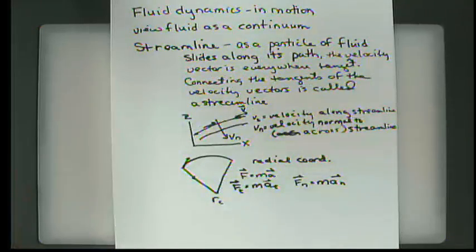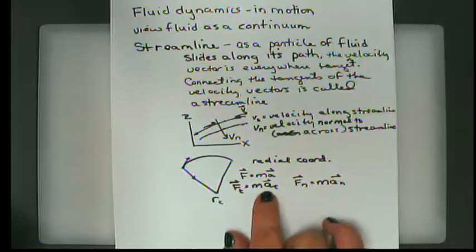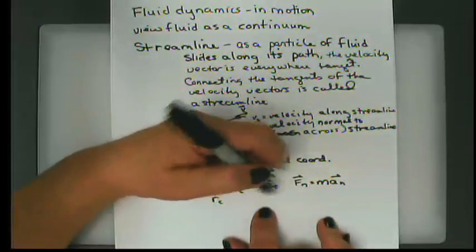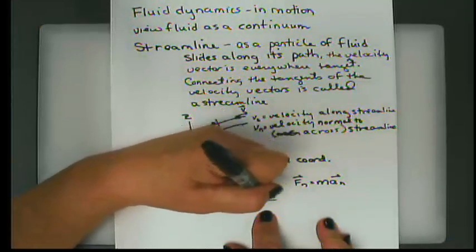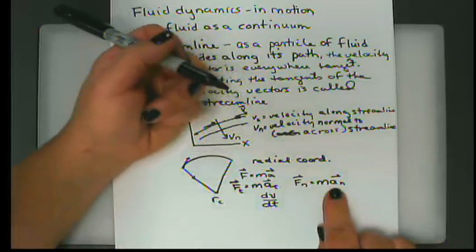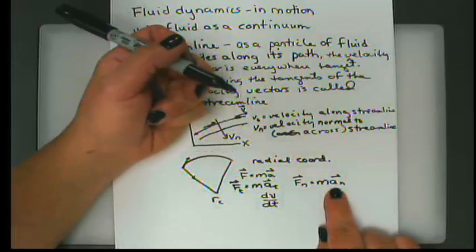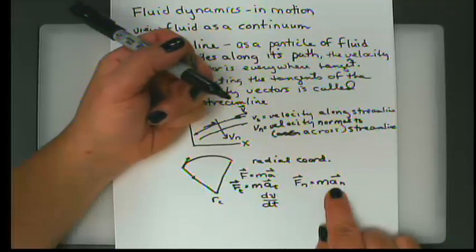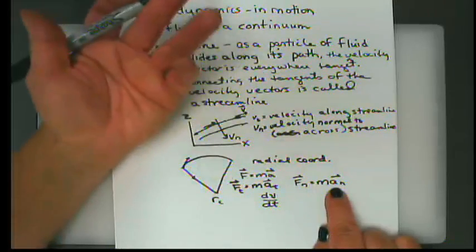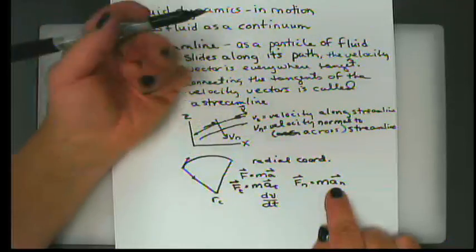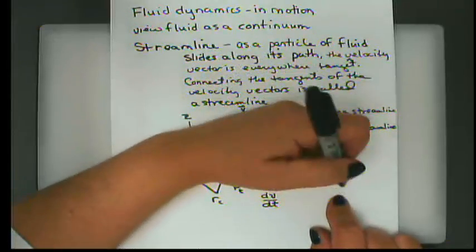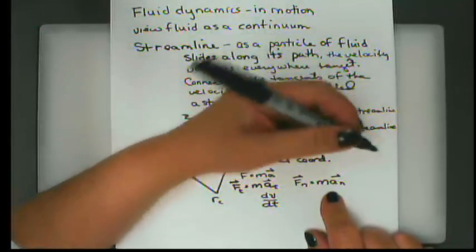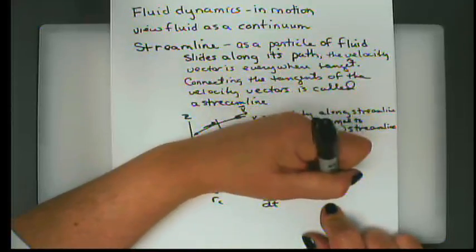Now, if you also recall, the tangential acceleration is the change in speed, a dv dt term. But the normal acceleration is not a change in speed, where speed is the magnitude of the velocity vector; acceleration normal represents a change in direction.